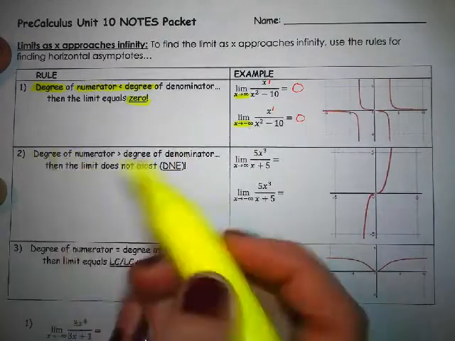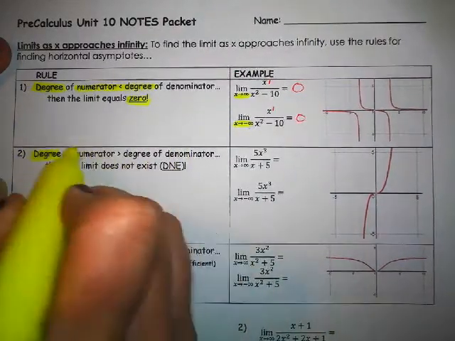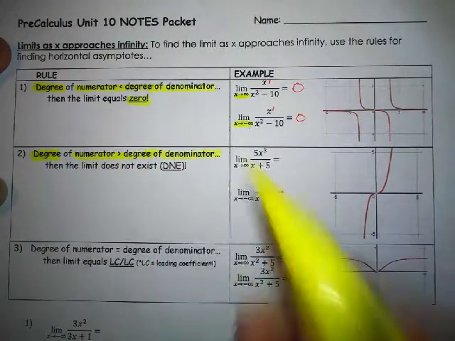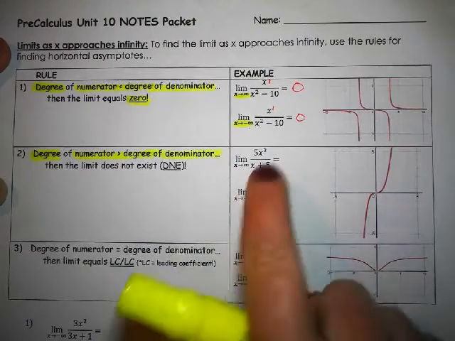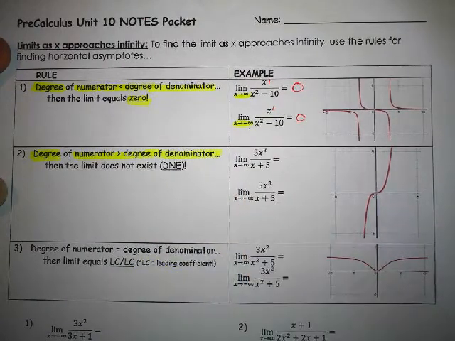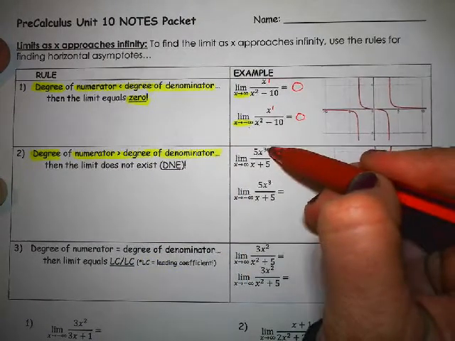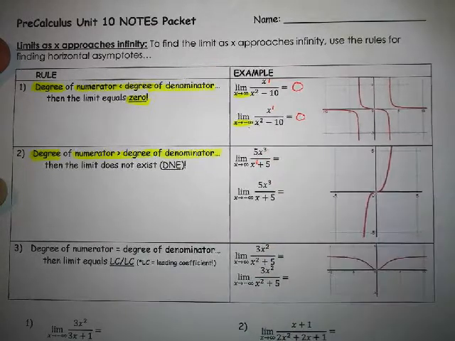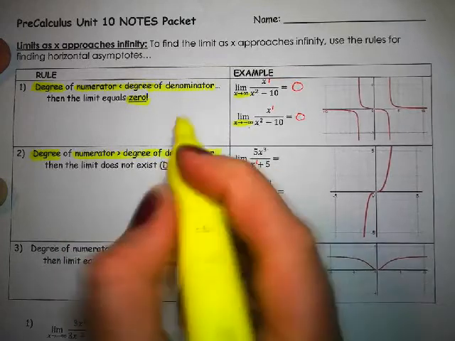The second type is if the degree of the numerator is greater than the degree of the denominator. So this time I would look over here and say, okay, the top is 3, the degree of the bottom's 1, so the numerator's bigger. If the numerator is bigger, it does not exist.